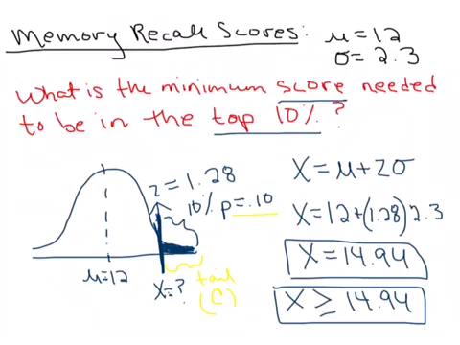So that's the first type of question you'll see: using proportion to find z to find a raw score. You can't find a raw score without having a z, so you have to use that proportion and go backwards. So let's try another one related to the memory recall scores.